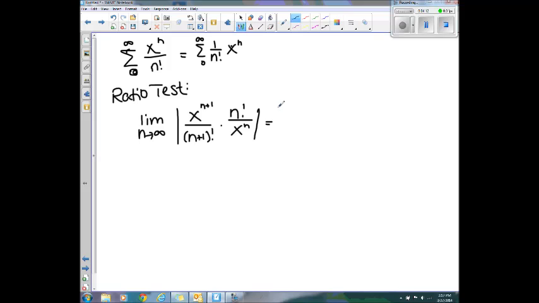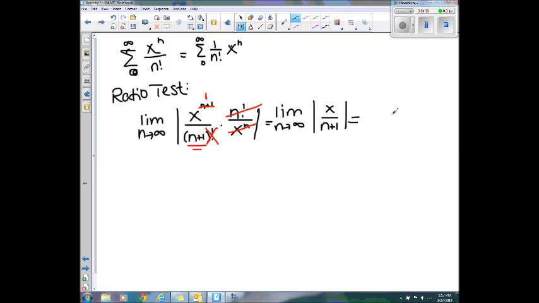When we clean this up, notice that our x to the n's go away off the bottom and we're left with a single x on top. If we take n factorial over n plus 1 factorial, we have plain old n plus 1 on the bottom. So this cleans up to be x over n plus 1.